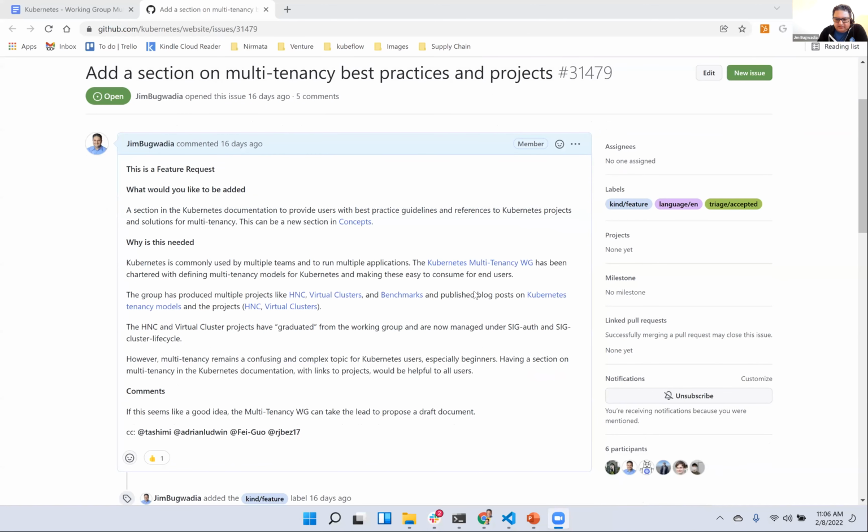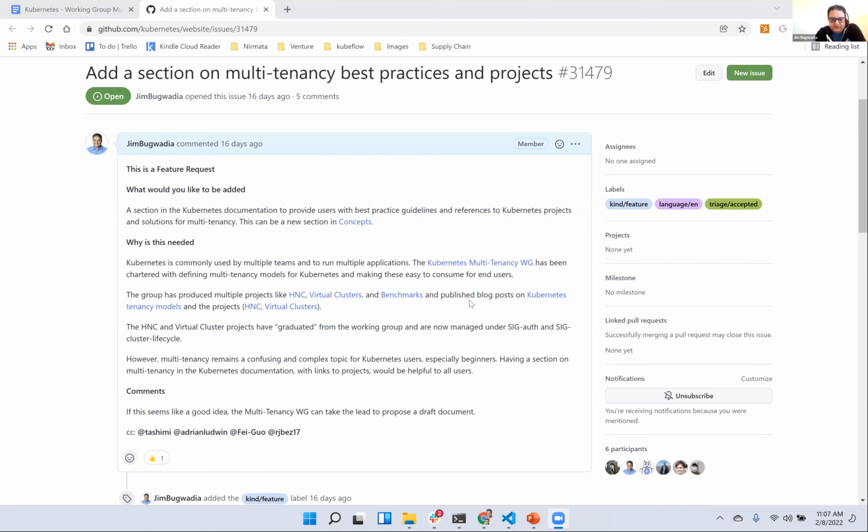That works. So the background behind this is, one of the things we were discussing in late 2021: within this working group, we've had a few projects that we built. Some of them have graduated and found newer homes within different SIGs. So the question was, what do we do next and where are we with multi-tenancy?